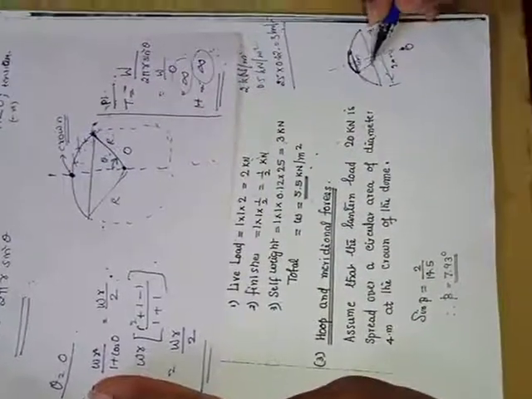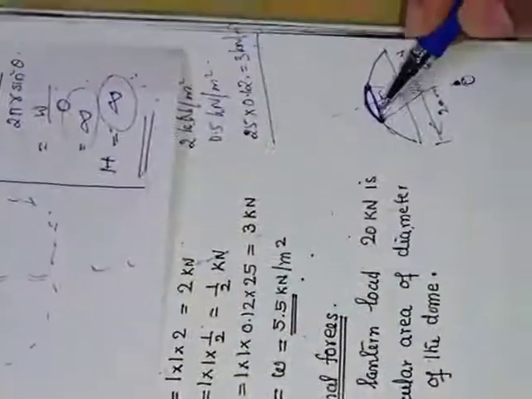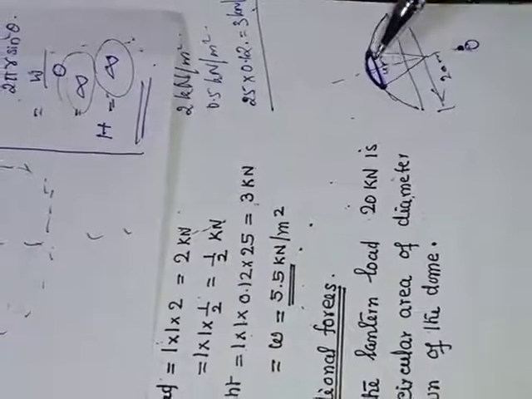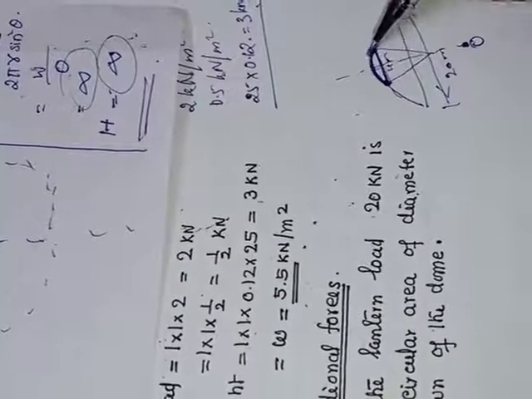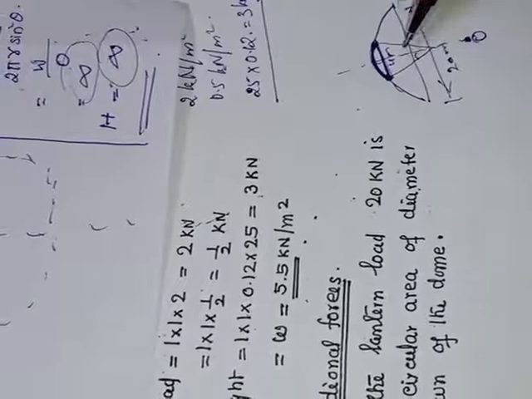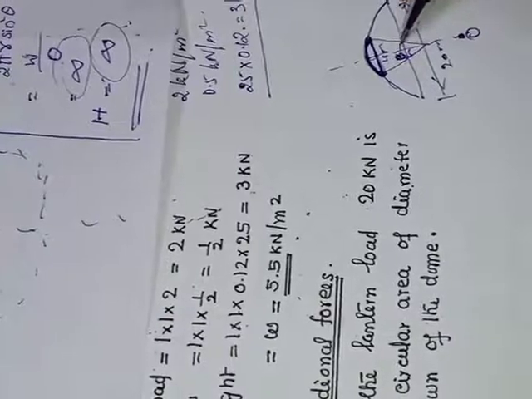So we can find out what is this, because since we are assuming that the lantern is placed over this complete 4 meters, the W, the weight that is coming over here, should include the weight of the lantern as well. So we will find out what is the theta, or what is the beta angle.